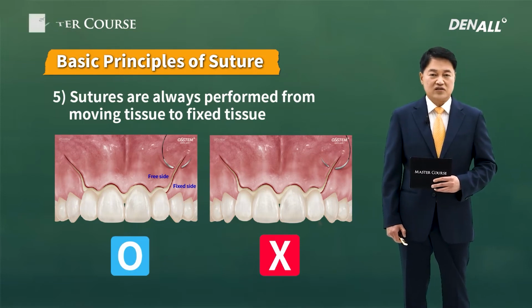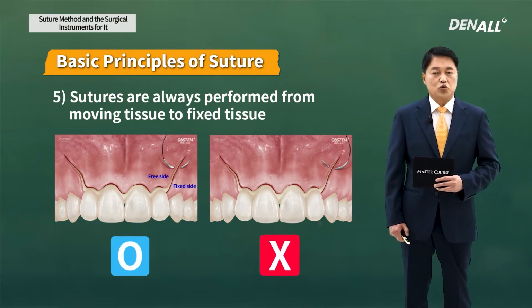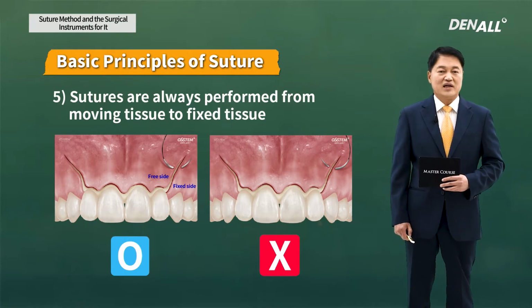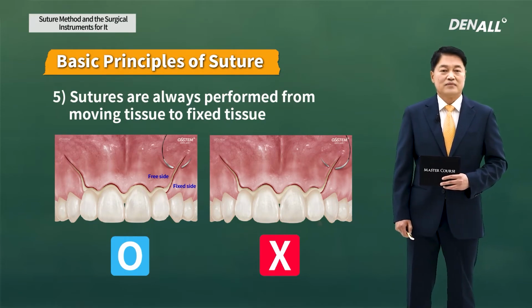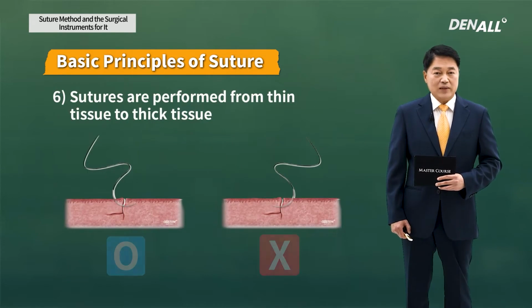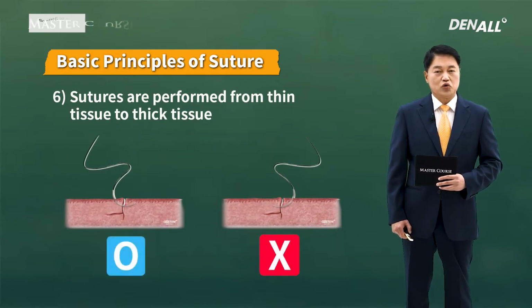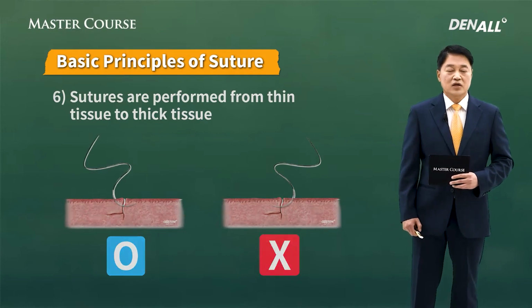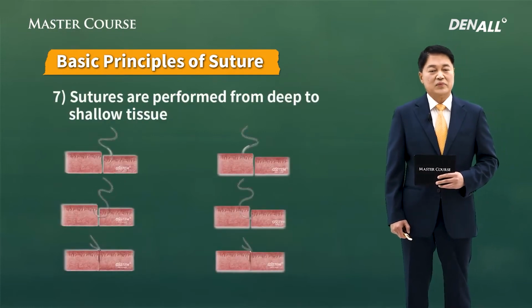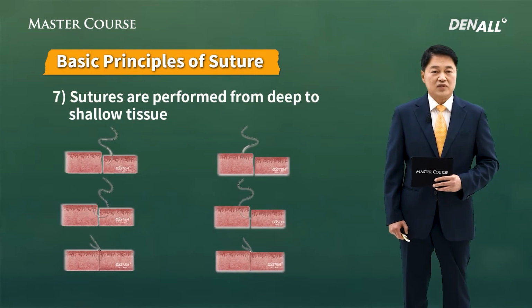So always go in from the free side and go out through the fixed side. And if possible, sutures need to be performed from thin to thick tissue. And also, in the case of layered flaps, sutures need to be done from deep to shallow tissue.